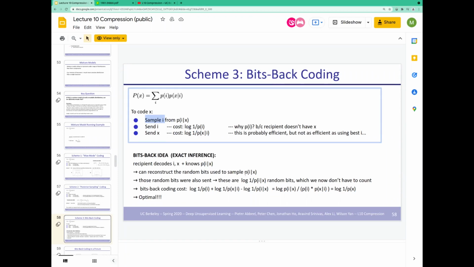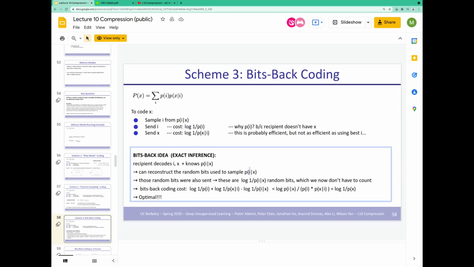That's why you chose this I. And so that's extra information that you just transmitted over. So it's just like the previous one, except that now the decoder knows about it.